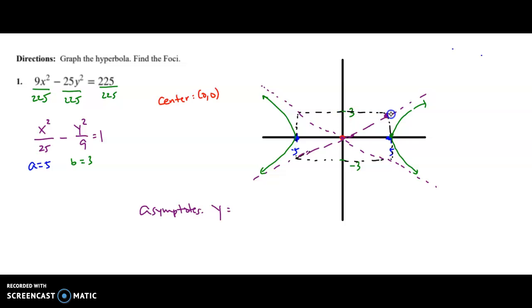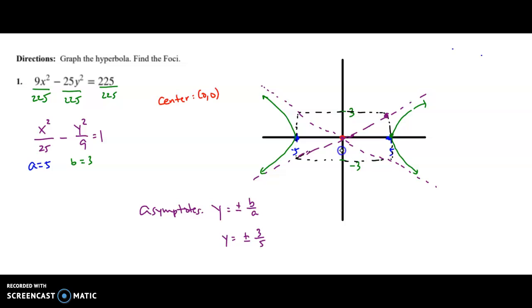And then to the right 5 along the transverse axis, right? So that's why the general form is plus or minus b over a in this case, all right? Because we're going up b and then to the right a. So here the equation is going to be y equals plus or minus 3/5, right? And it's negative too because we have this other one right here.